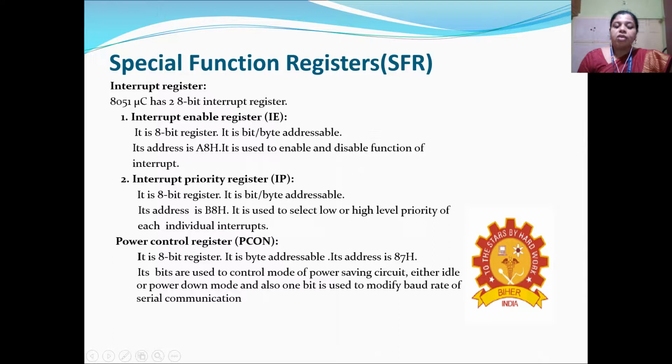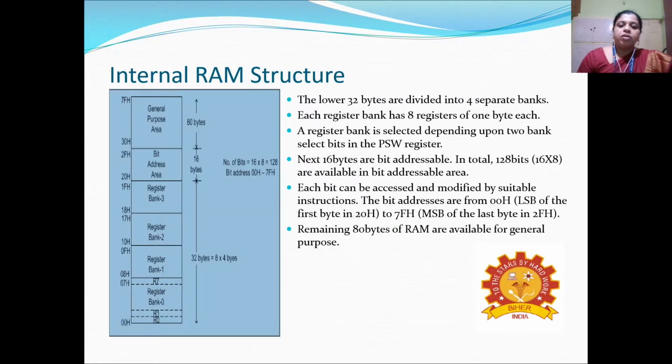That is, we define whether the circuit is going to operate in the idle mode or power down mode, and it is also used to modify the baud rate of serial communication, that is the rate at which the information is getting transferred. So to modify that baud rate, we use this power control register. So this is about your special function registers.